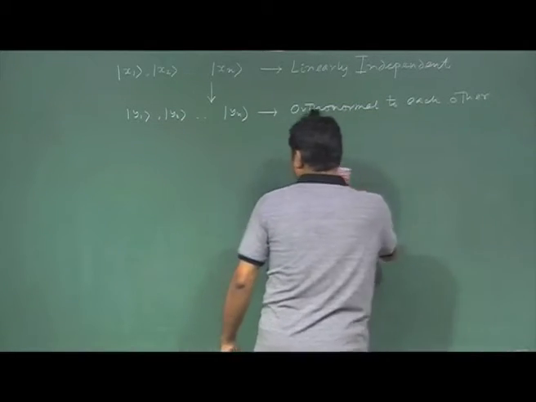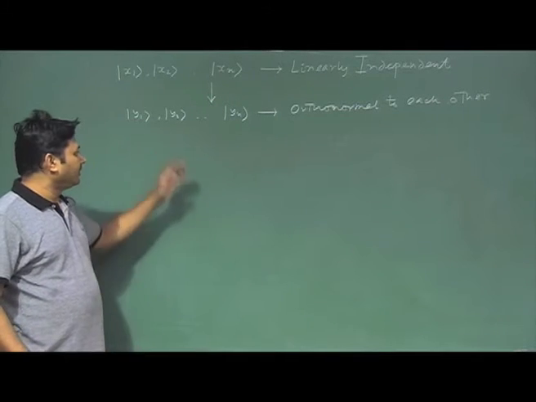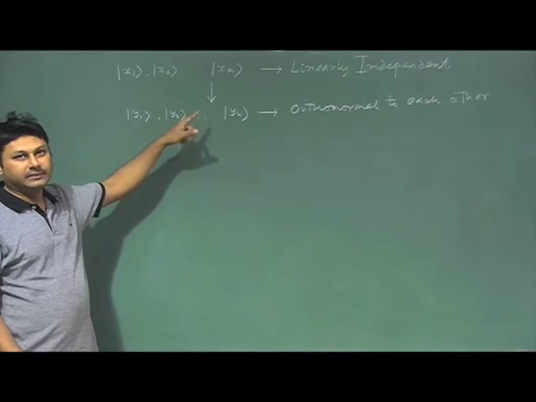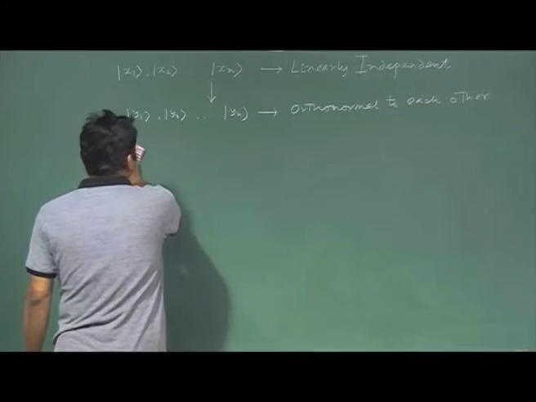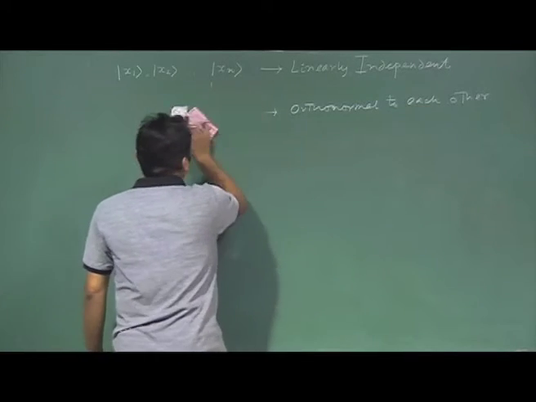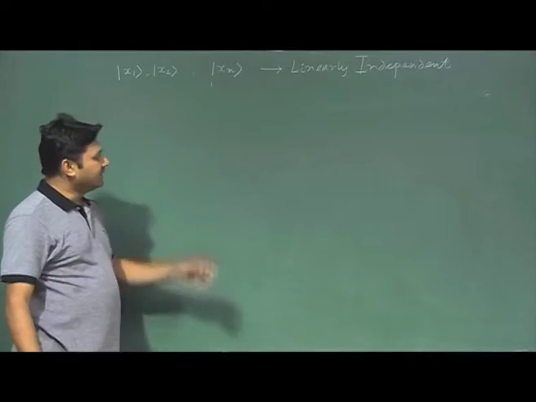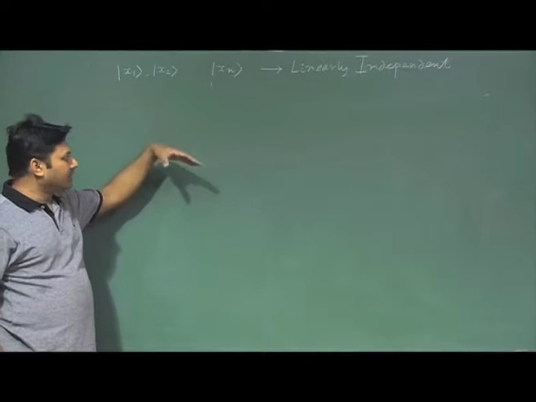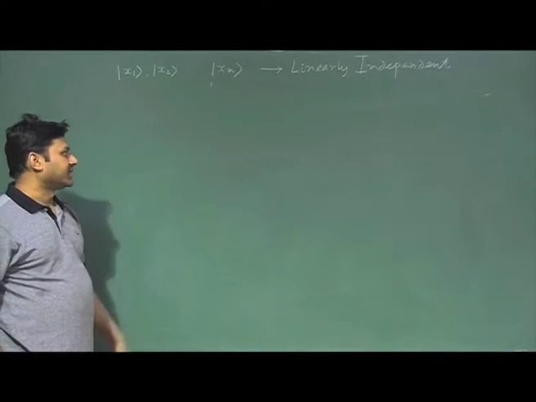So the question is, if a set of linearly independent vectors is given, is it possible to find an orthonormal set of vectors from that? So that is the problem. Let us do the problem to see whether it is really possible or not. So x1, x2, xn is given, and from these linearly independent vectors I am going to find a set of vectors which are orthonormal to each other.